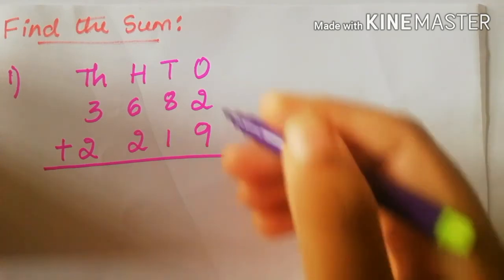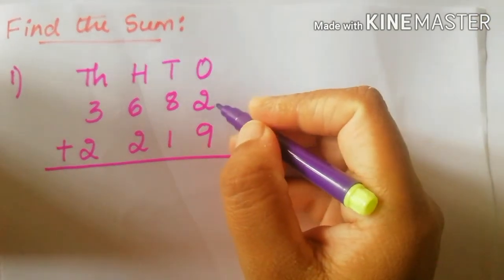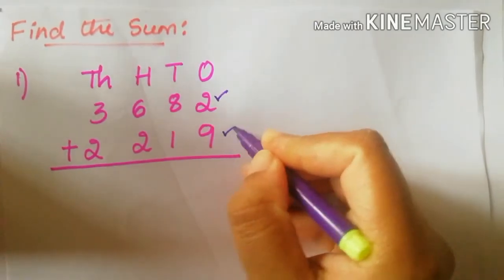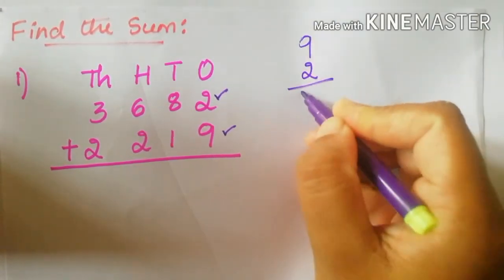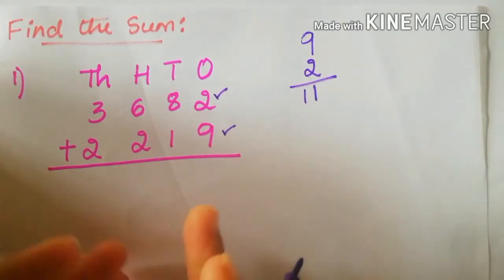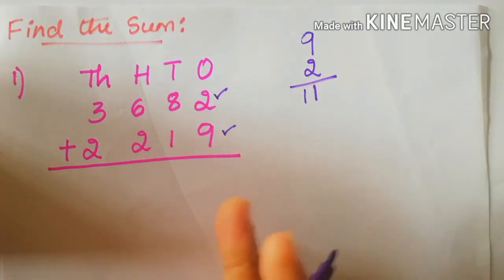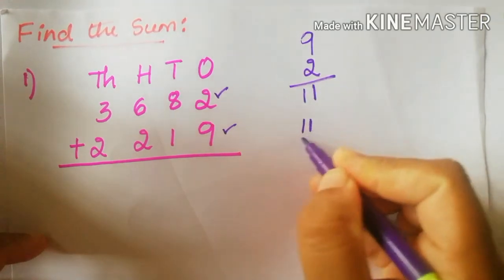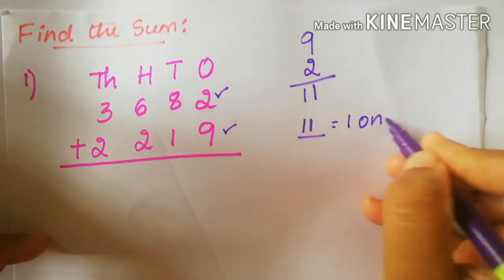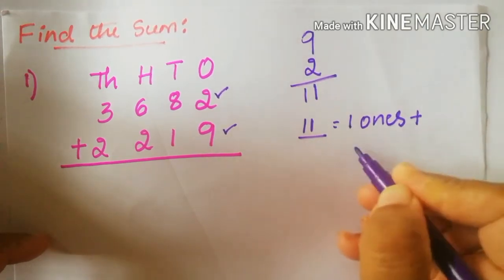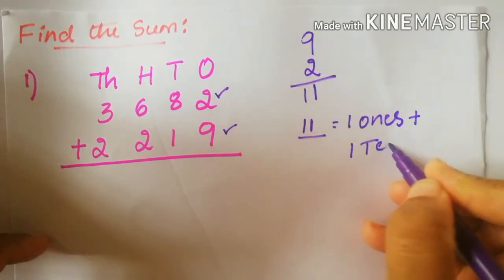First we have to add the digits in the ones place, that is 9 plus 2. 9 plus 2 is equal to 11. We cannot write 11 in the ones place, right? We have to regroup 11. How? Writing 1 in the ones place and 1 in the tens place.